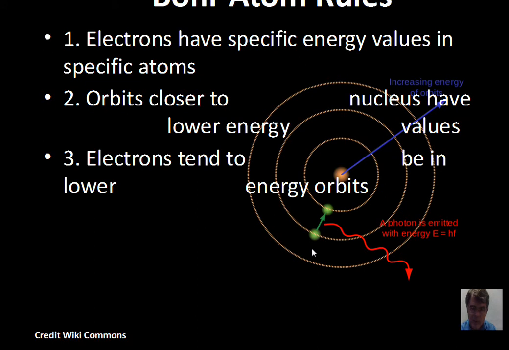You can do a little bit of a gravity analogy here. If you hold a ball up higher from the floor, it has more energy. If the ball is closer to the floor, it has less energy. So that is the scheme of things that Bohr used to work out the connection between electron energies and light.